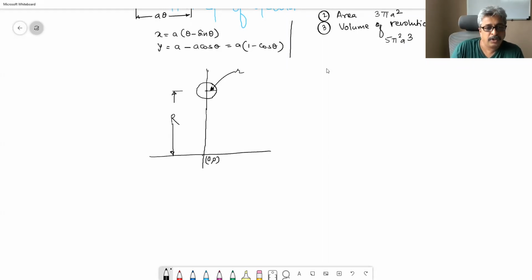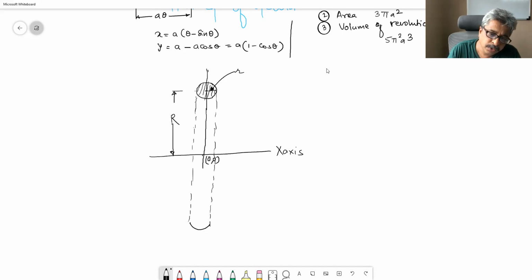Now, suppose that circle is a solid circle. If this circle is revolved around x-axis, you will get a tube, like cycle tube. Something like this, you will get a solid of revolution which will be like cycle tube.